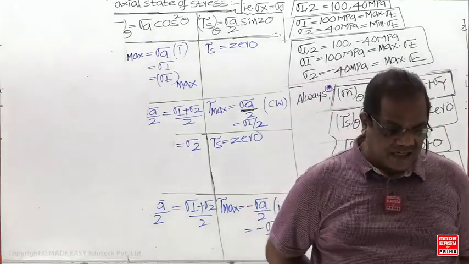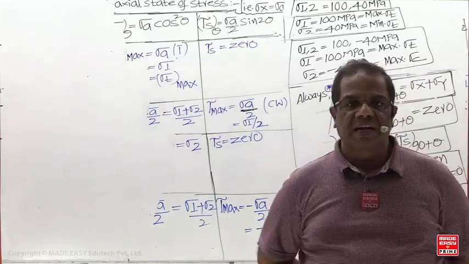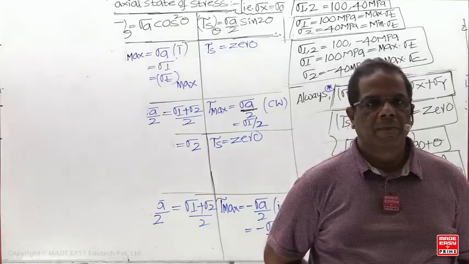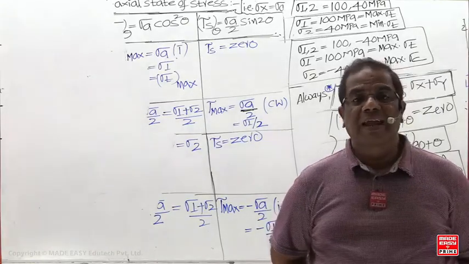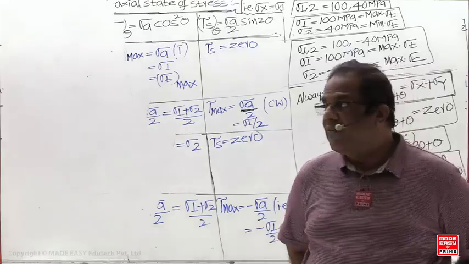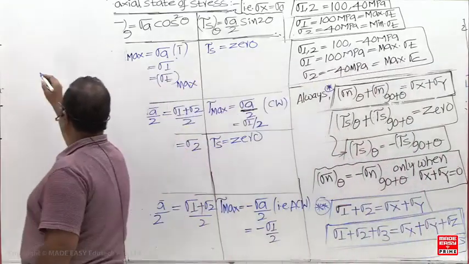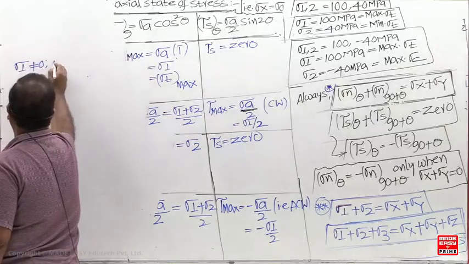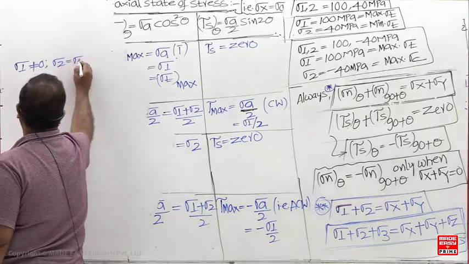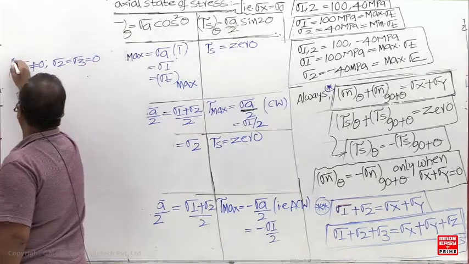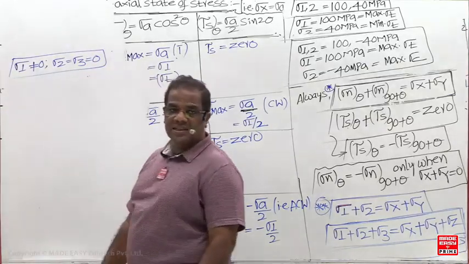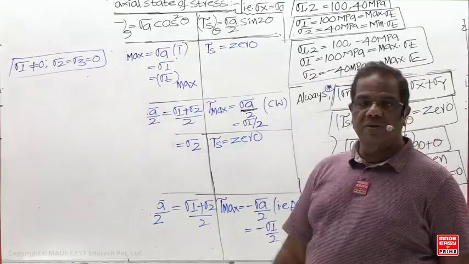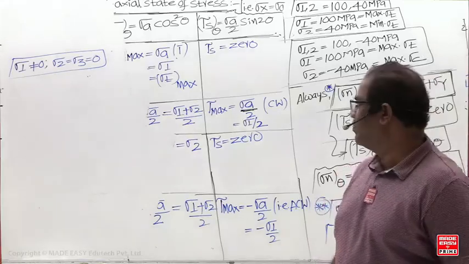Under uniaxial state of stress, sigma 1 is non-zero, and sigma 2 and sigma 3 are going to be 0.